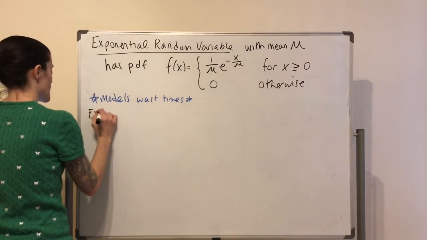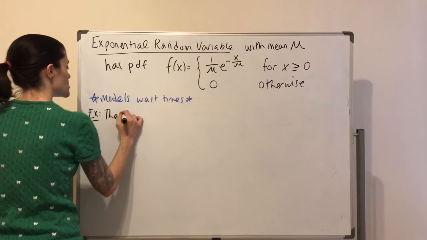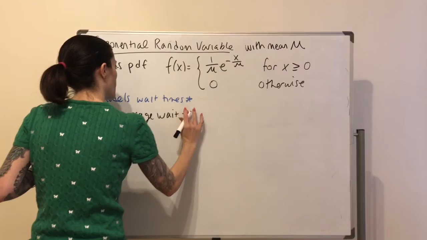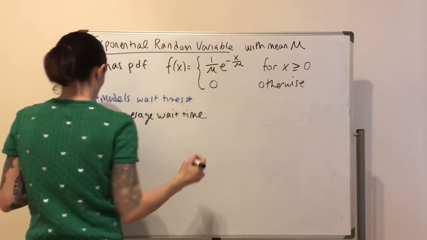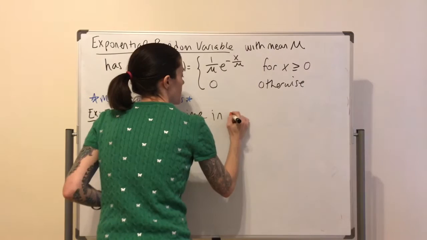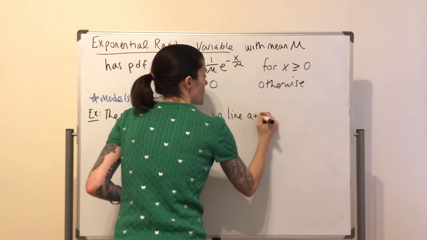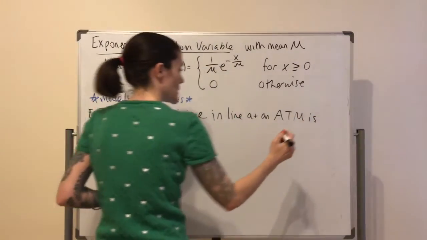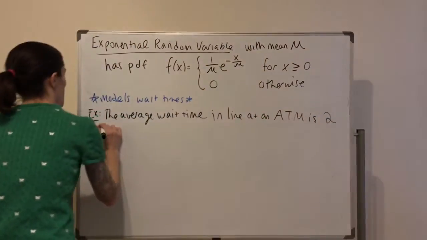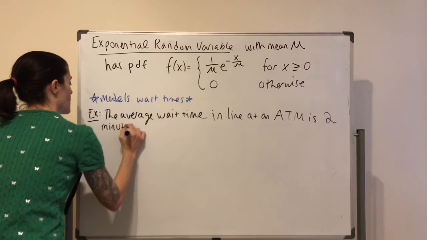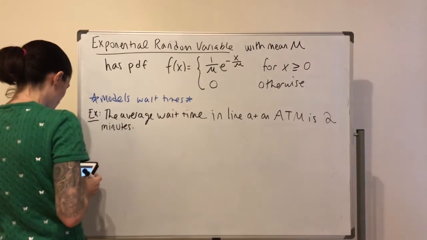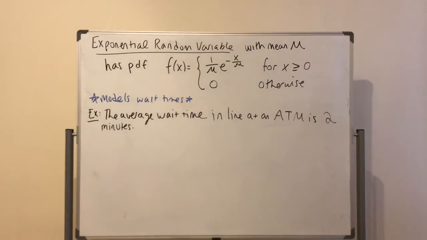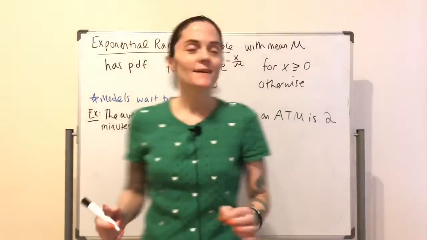Okay. So example, the average wait time in line at an ATM is 2 minutes. And what's the probability a customer waits more than 3 minutes? And then we will actually show the mean is 2 by this.